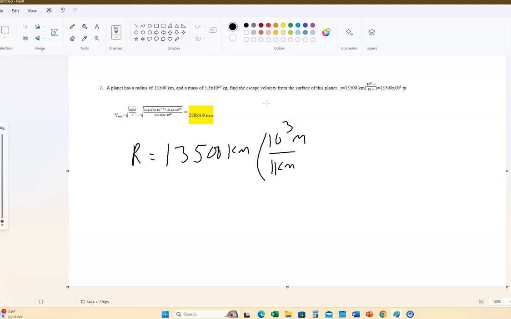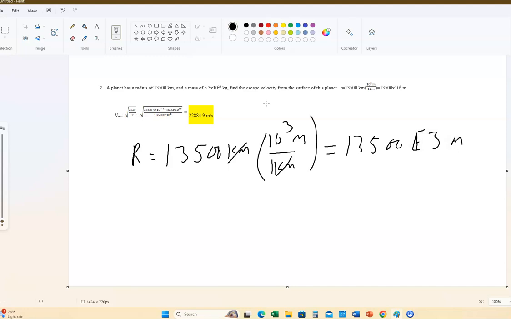It's 1,000 meters, right? So the kilometer part cancels, and so this just becomes 13,500, and just add 3 more zeros, and that's perfectly fine. Or you could say times 10 to the third, E3. All right, meters. So now it's in meters.